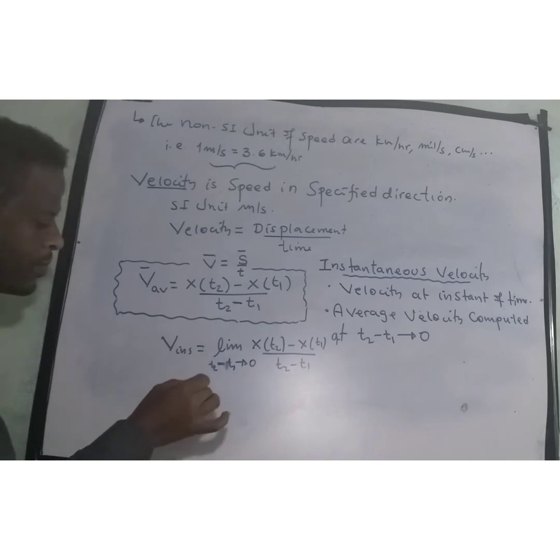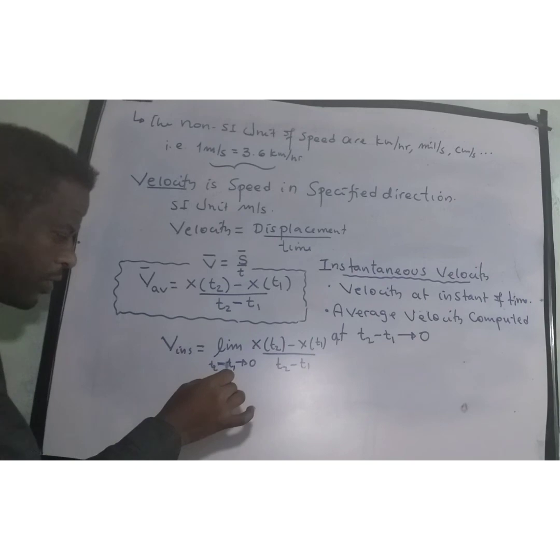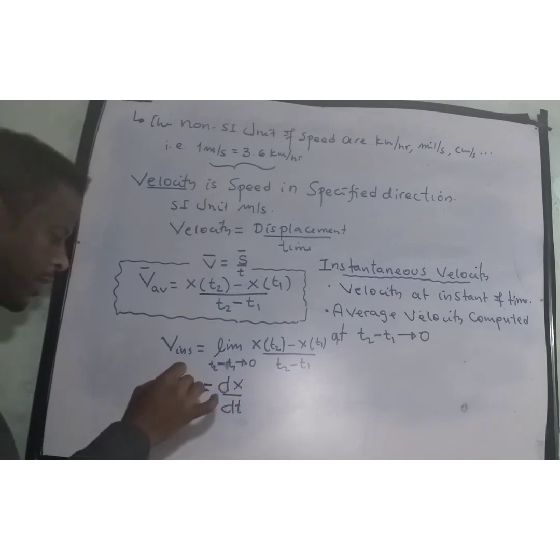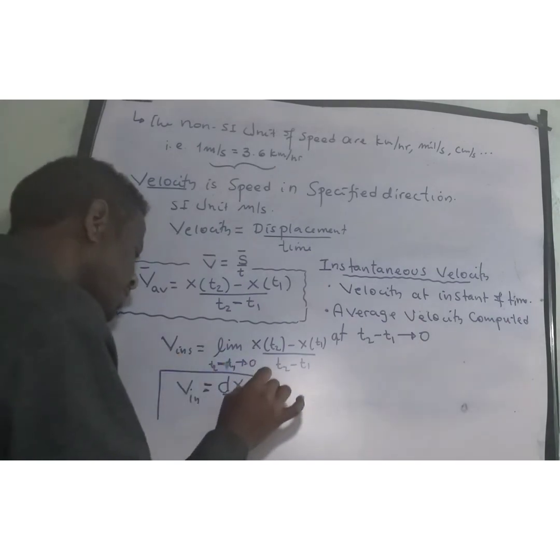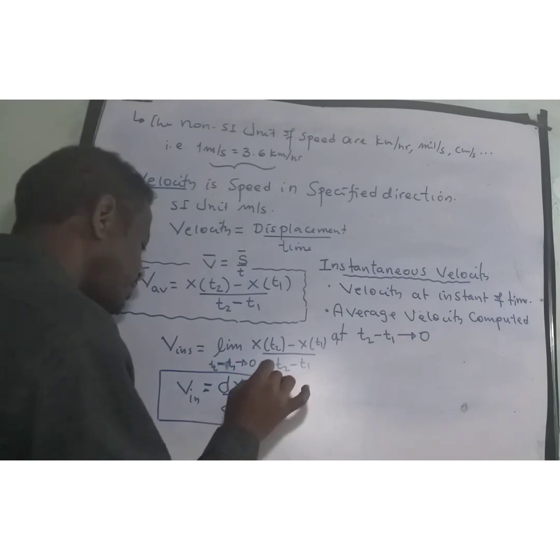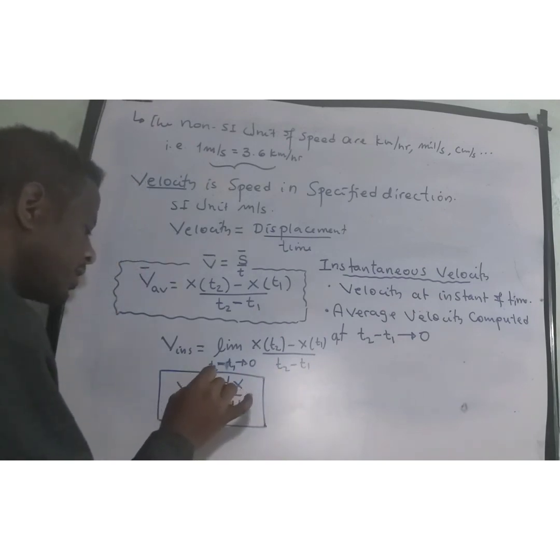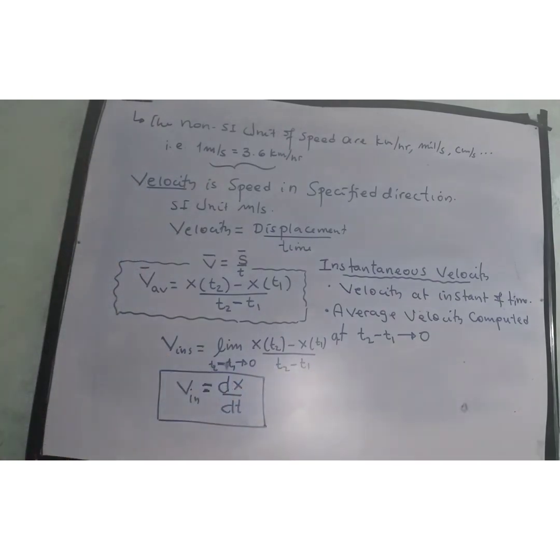We use the derivative notation, or the derivative of displacement with respect to time is the instantaneous velocity. Instantaneous velocity is dx by dt. Now let's see examples related to average velocity and instantaneous velocity.